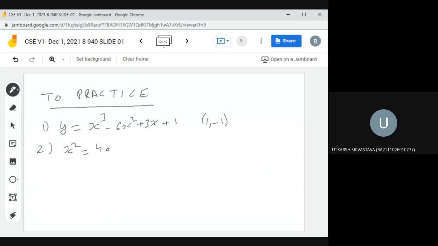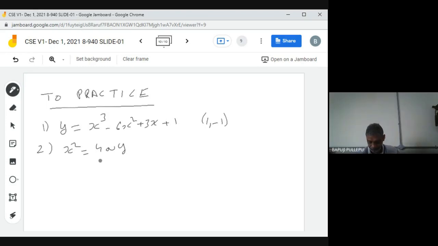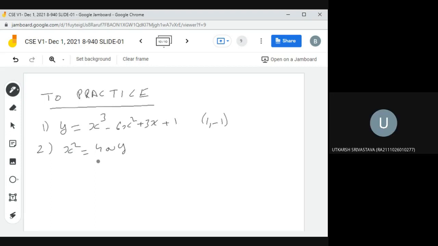Sir, are these homework? Yeah. X square is equal to 4a. Maybe just you can take the point as x only. I can keep x as x. The general form it will give.